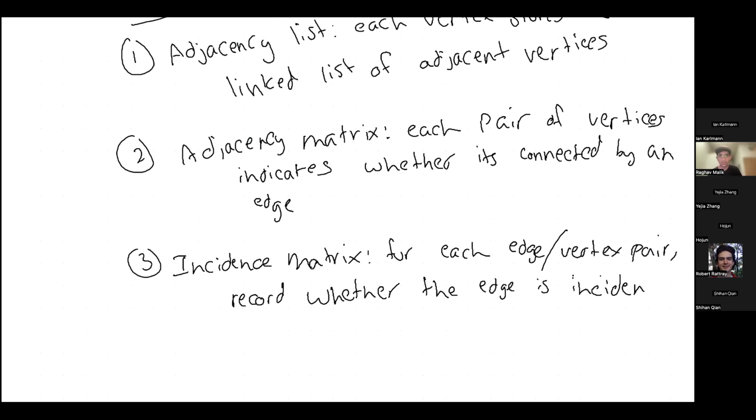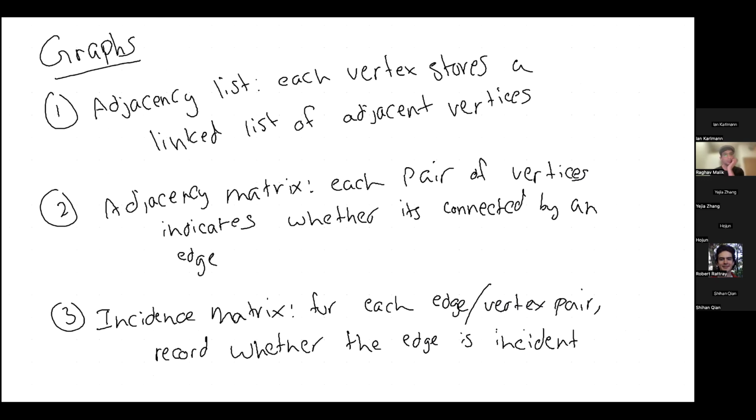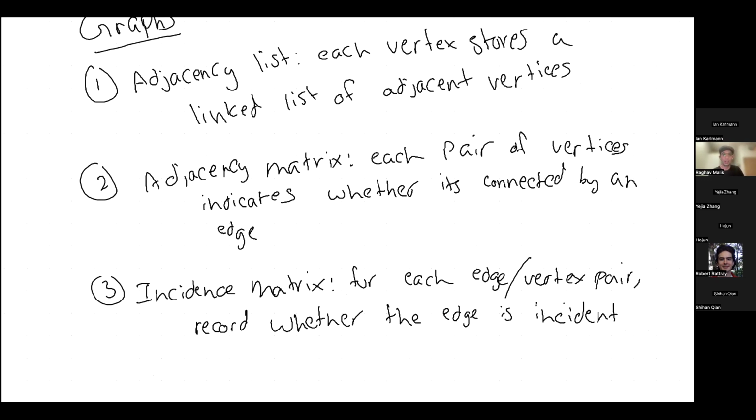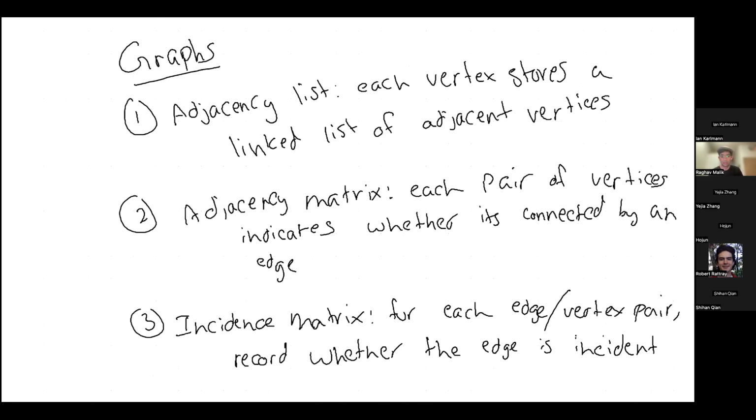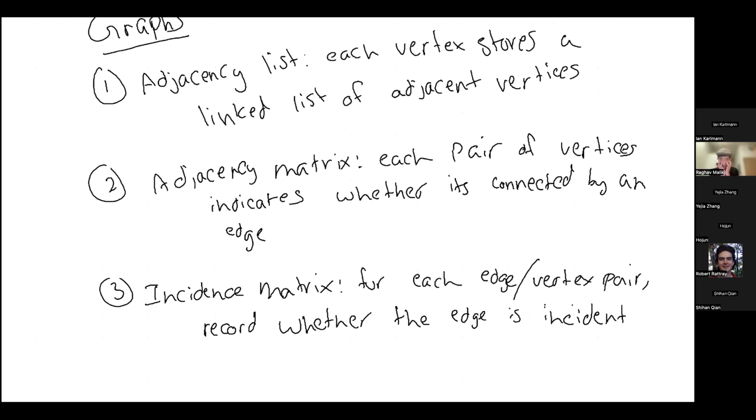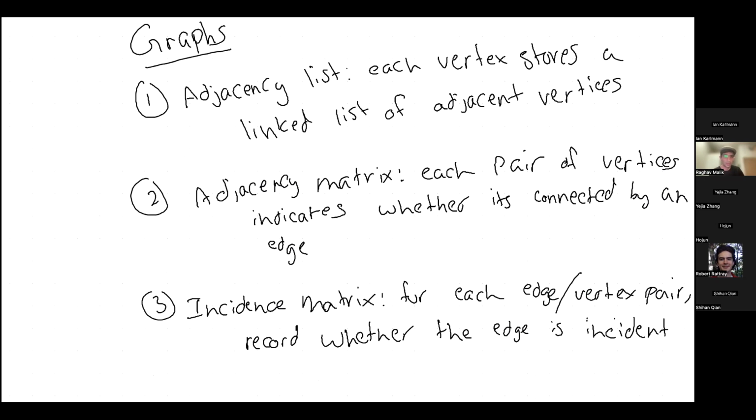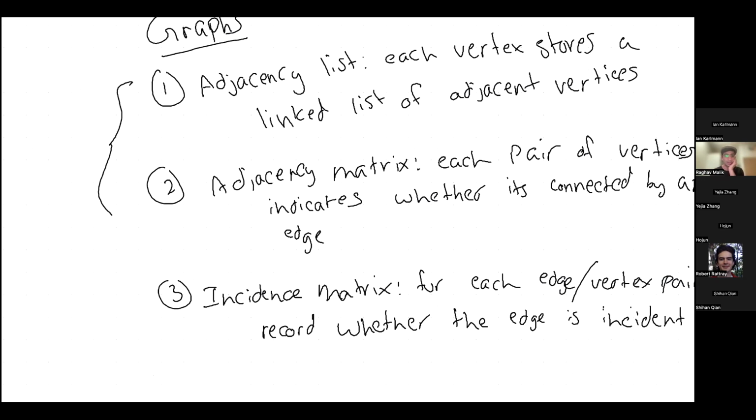Yes, people remember this. We talked about the three data structure representations of graphs and maybe some pros and cons of at least the first two, with the understanding that you are probably not going to see very many algorithms that use the incidence matrix, at least in this course.